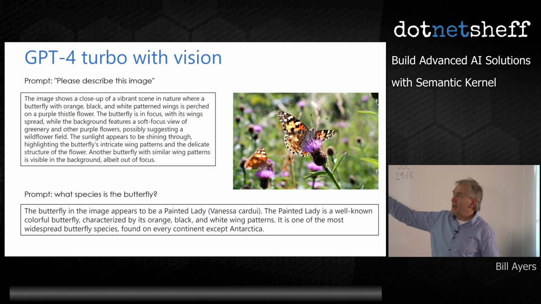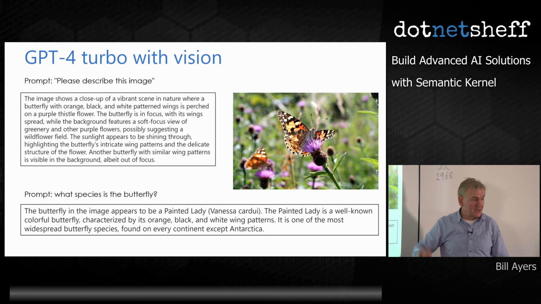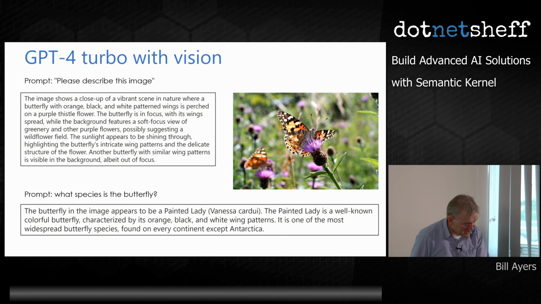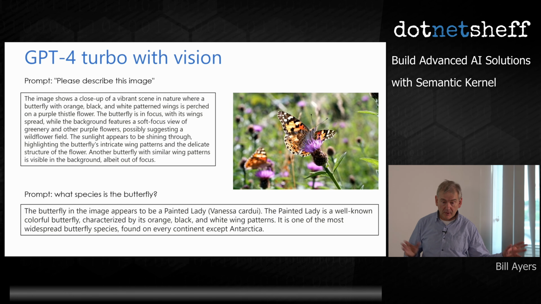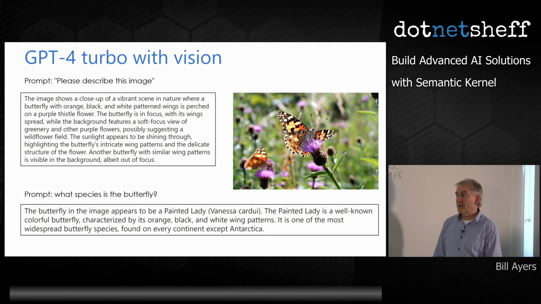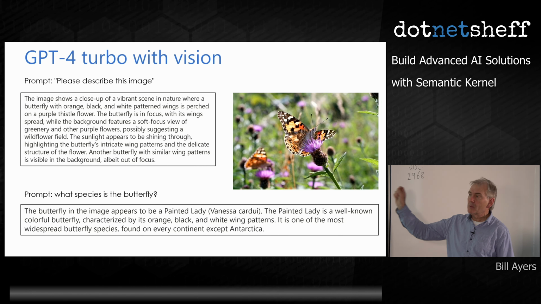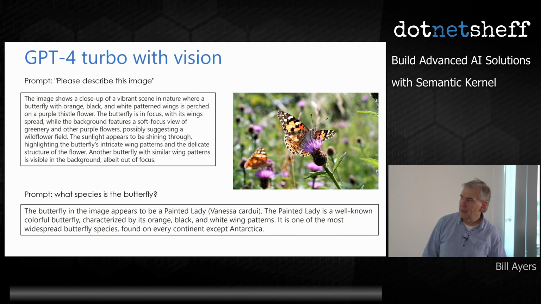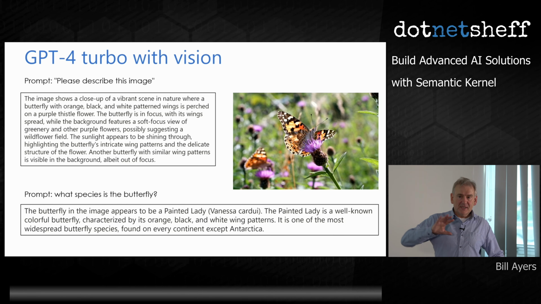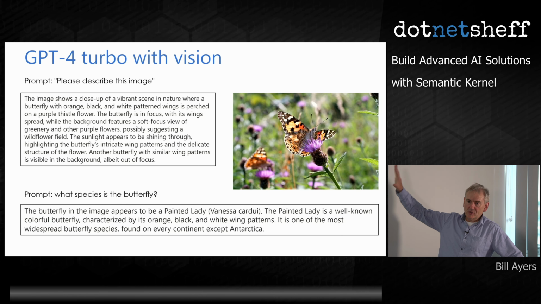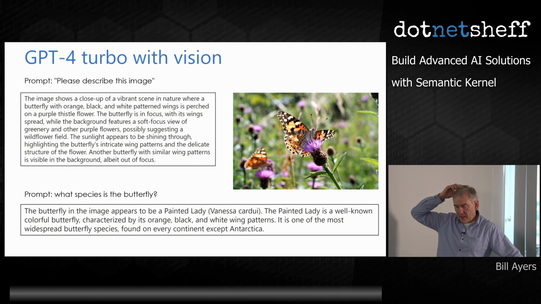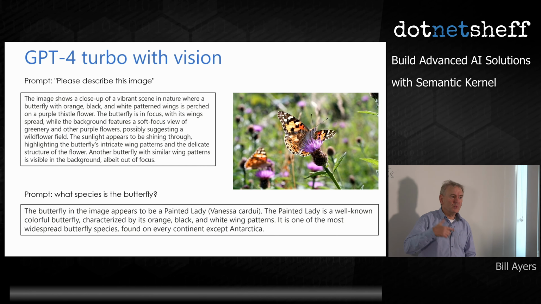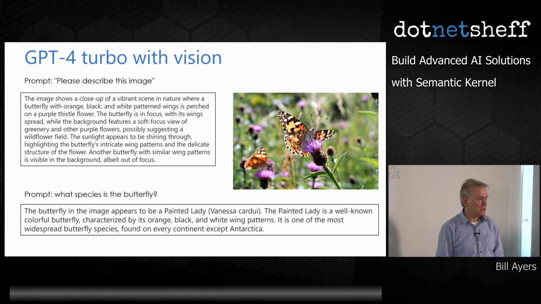So it's able to identify individual butterfly species, which I would have had to build a custom vision model for before. So it's really interesting that there's so much detail that you can ask a follow-up question and really get a lot of detail. So at this point, when we looked at the original CNN-based, convolutional neural network-based model, I said that it was weak AI. It didn't really understand what it was looking at.